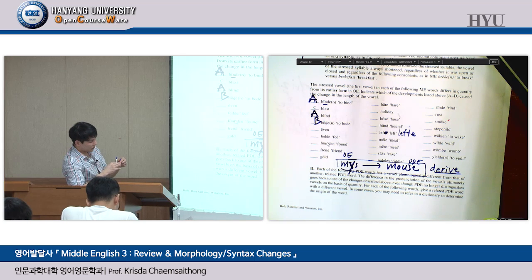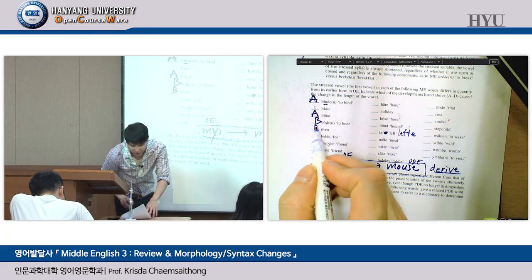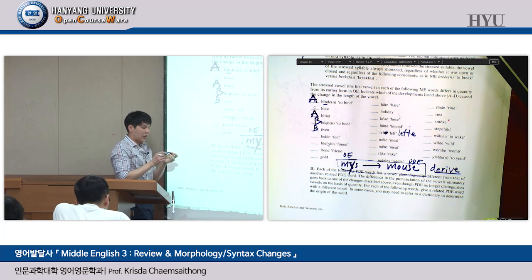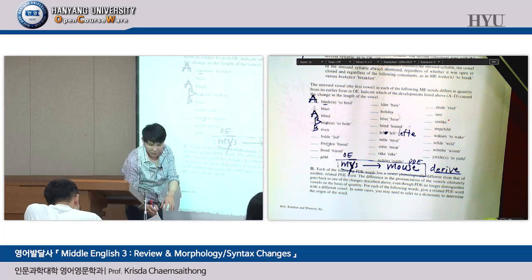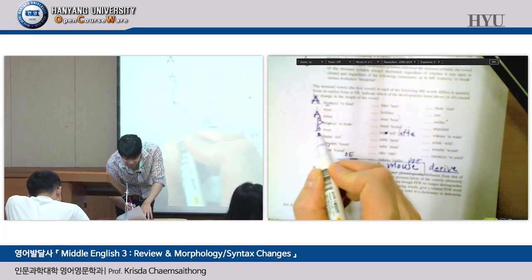Even. That condition is also the same, right? The open syllable condition. Fede, right? Fede is shortened because we have a double consonant. So it's number C, right? Number C.